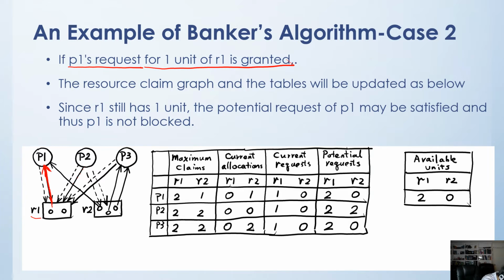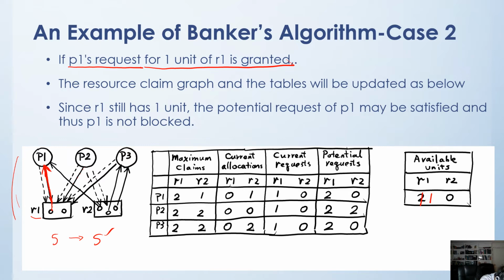That change also changes the resource claim graph. Now this time the S prime is this. This is also going to change the tables here. Again, one of the units for R1 is gone, so the available units for R1 switched from 2 to 1, right? Now what else has changed?